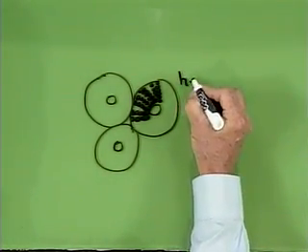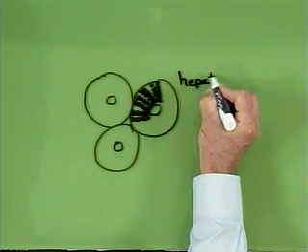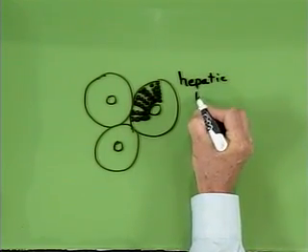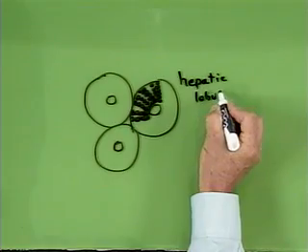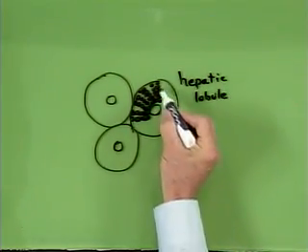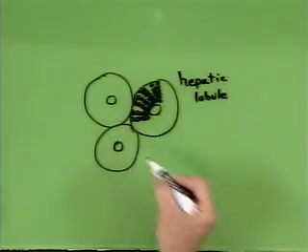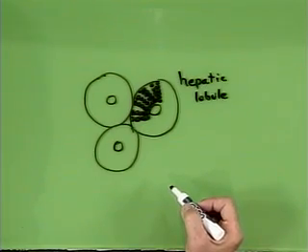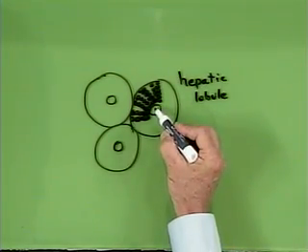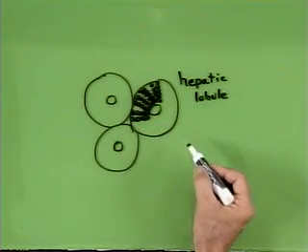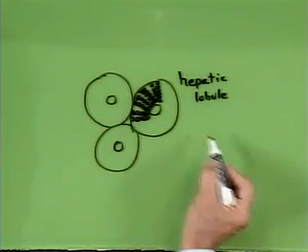Let me write that down, hepatic lobule. That's just this group. So we've got 1, 2, 3 hepatic lobules represented. This central, kind of a bullseye in the middle of the hepatic lobule, is the central vein.